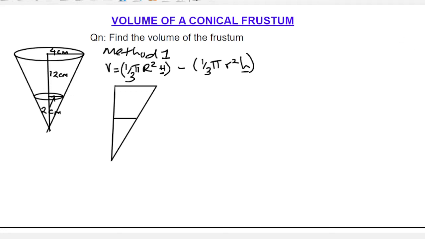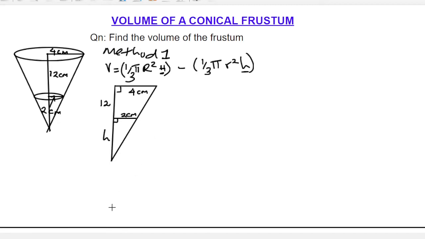I want to put in the information that we have. Remember it is the perpendicular height. Here we are told it is 4 centimeters. Here we are given as 2 centimeters. And then that height there is 12. What we don't have is this small height. If we can get it, we can as well get the bigger height by simply adding h plus 12.